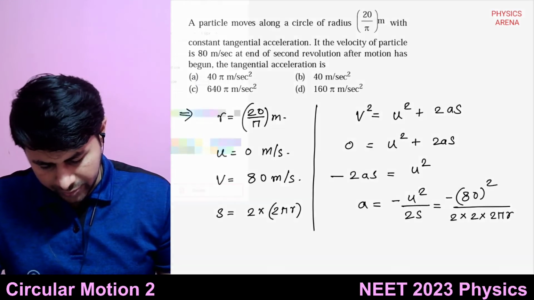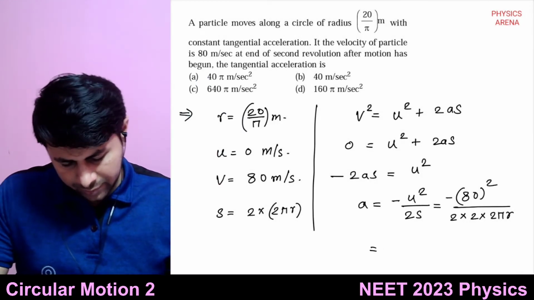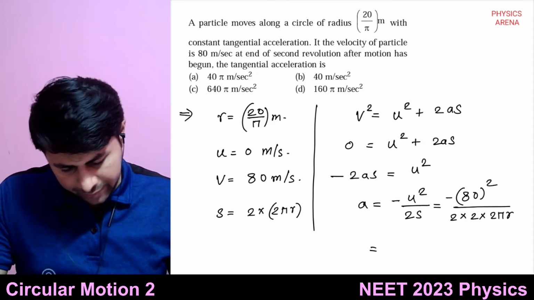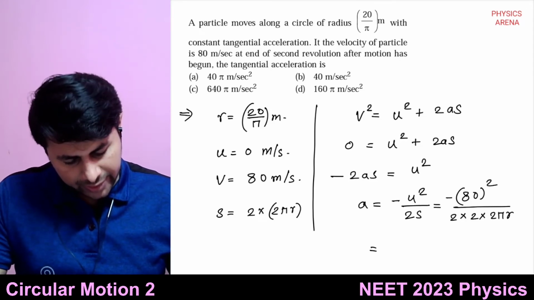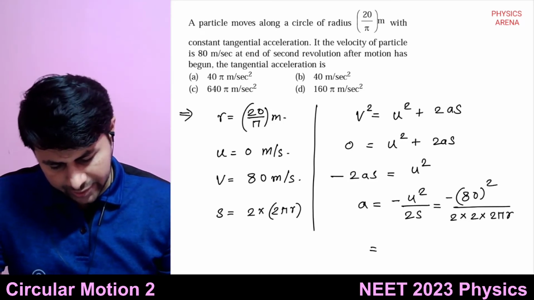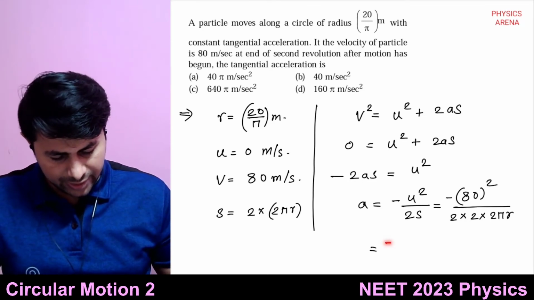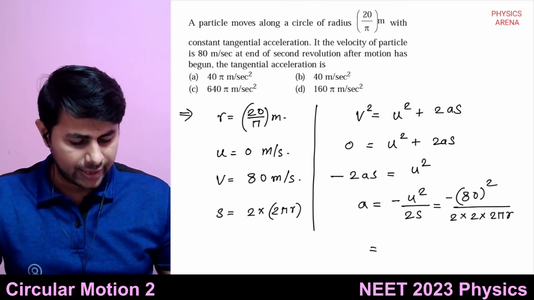So what would be the answer? You want tangential acceleration, and radius is given. The radius is 20 by pi. Let's substitute that. So it is minus 80 square divided by 4, and you can cancel out.